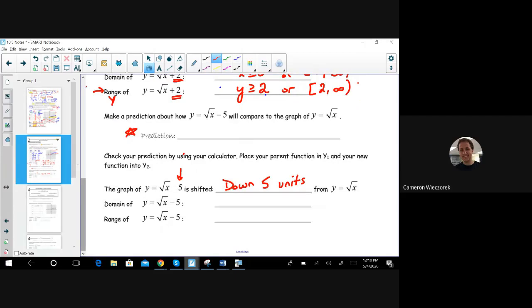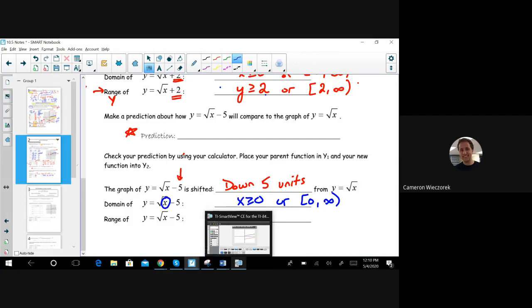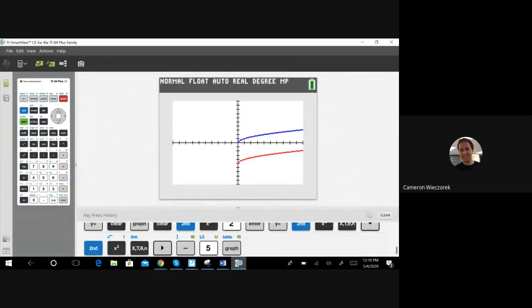The domain, all I'm doing is taking what's under the radical, and I'm going to set it greater than or equal to 0. So my domain would still be the same as it's been the whole time. Okay. My range, though, if I look at the graph, I'm looking at the one in red. Now it actually is allowed to have some negative values in the y direction. The lowest it ever reaches is -5, and then it decides to go up forever.